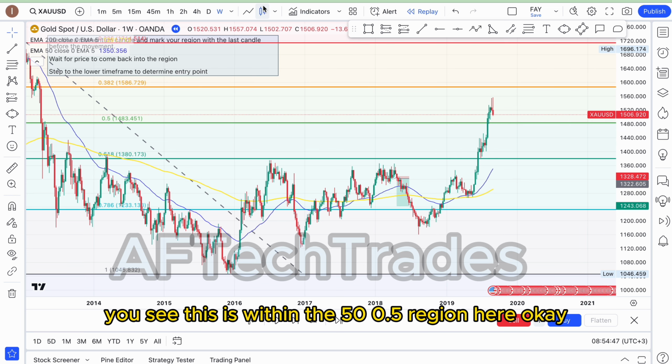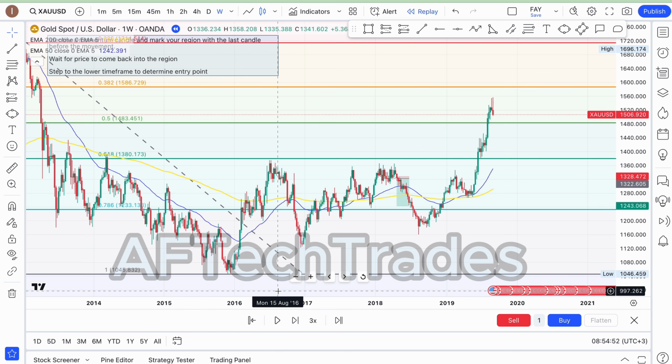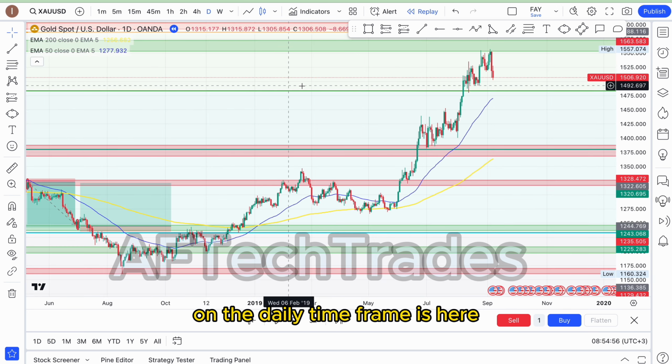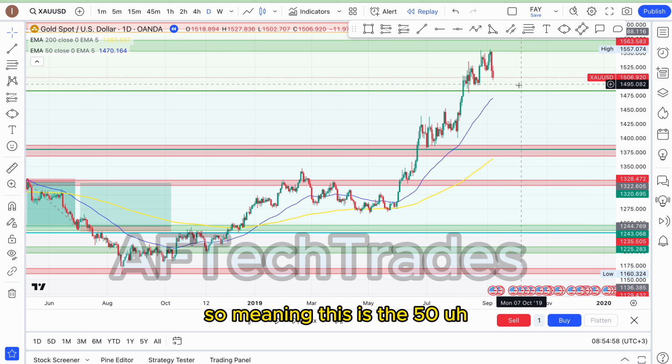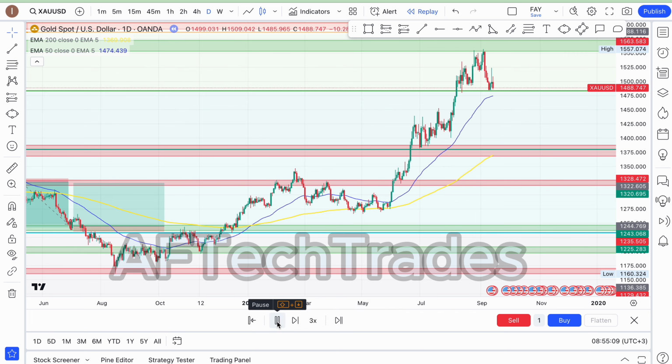Okay, what am I looking for? Going back to my daily time frame, this is within the 0.5 region, and then we play. We'll see what happened. It came back there.